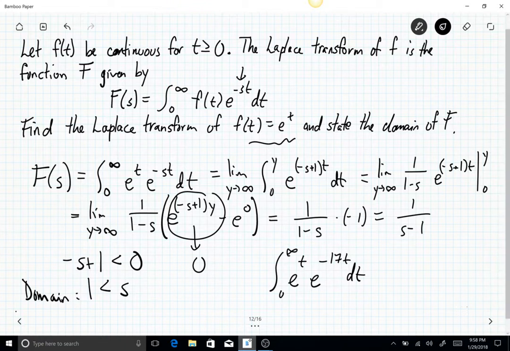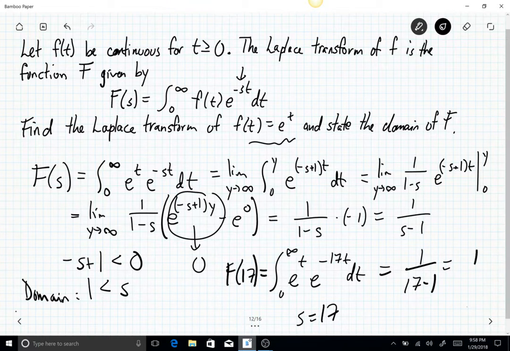Notice this is s equals 17, so it's satisfying our domain. So this whole thing equals 1 over 17 minus 1. Right? So this is capital F of 17, and so that's 1 over 16. And I'm done with that integral in a matter of seconds. So as long as I know what that's going to behave like, we're good to go.